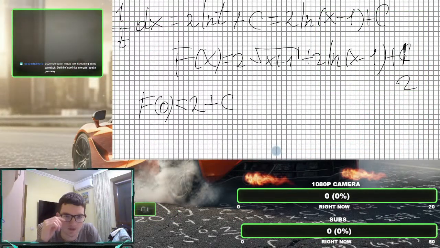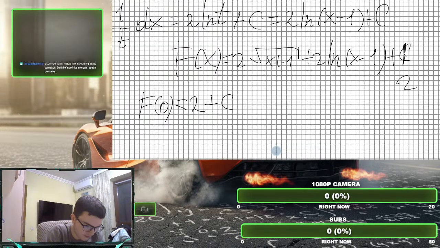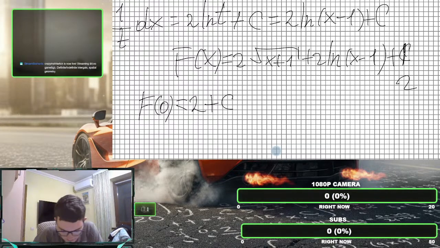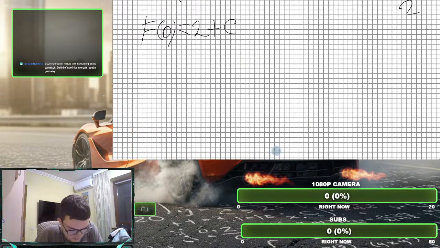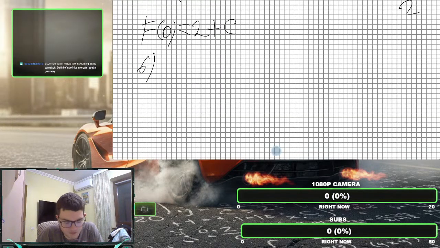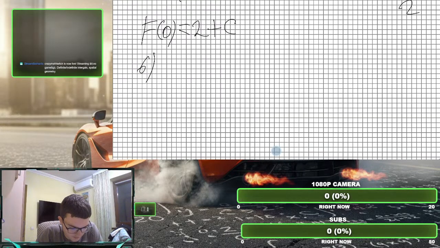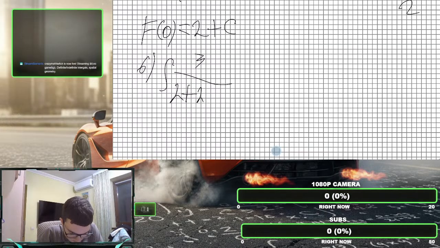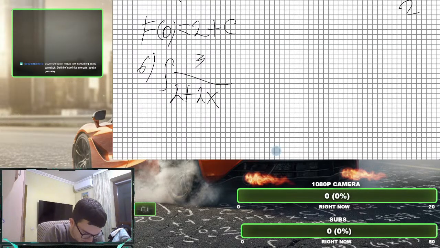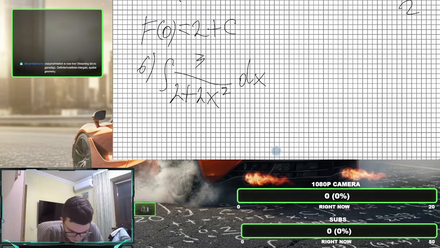Yeah, so back, whatever, next exercise. Just solve this indefinite integral: 3 divided by 2 plus 2x to the second power dx.